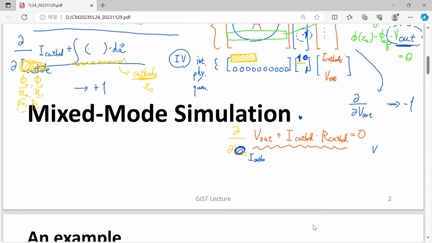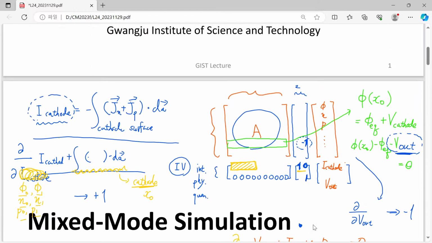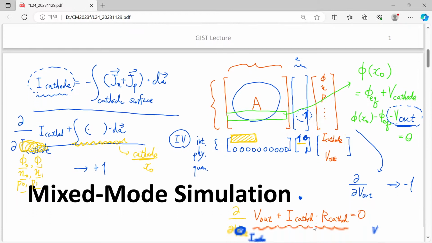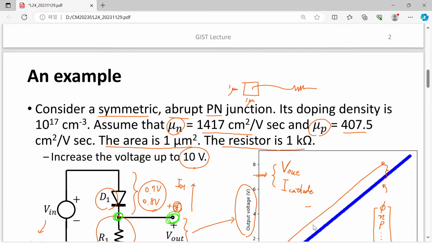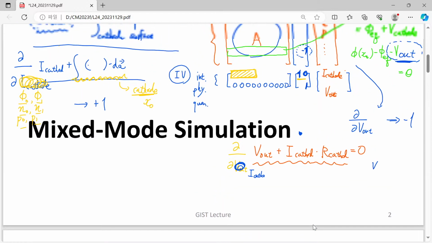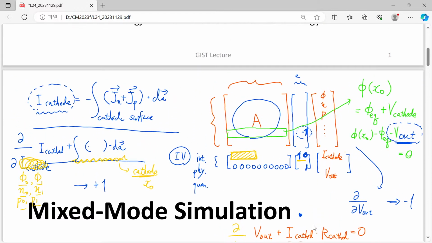Yes. Doesn't the cathode current consider displacement and so on? Right now, we are talking about the steady state solution. So in this mixed mode simulation example, this is not taken from our transient result. That's the reason why I just wrote it in this way, and of course you are right.